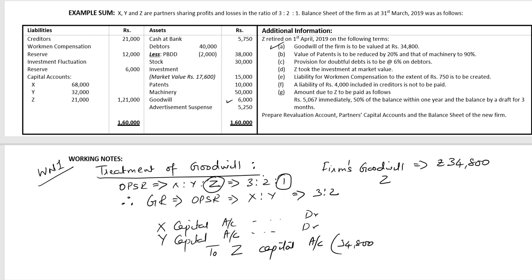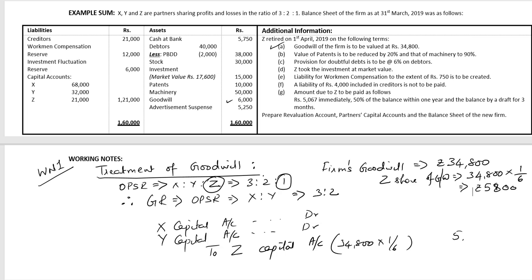So Z's share of goodwill is equal to 34,800 multiplied by 1 divided by 6, which is Z's share. So we get rupees 5,800.